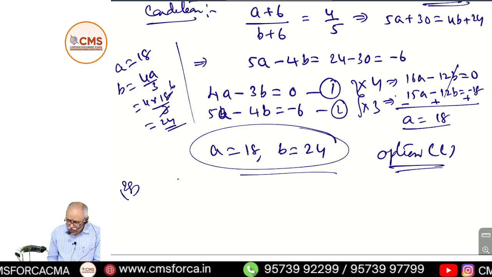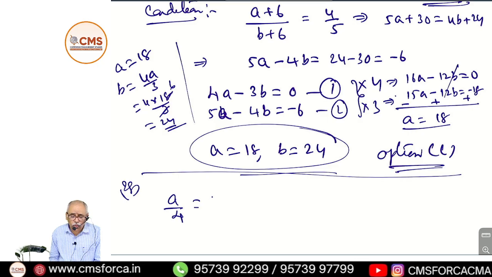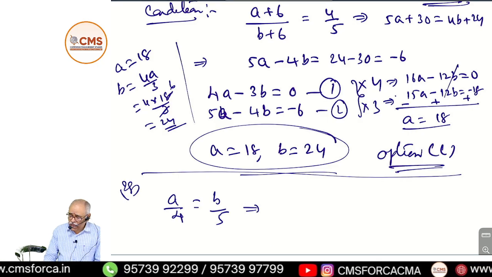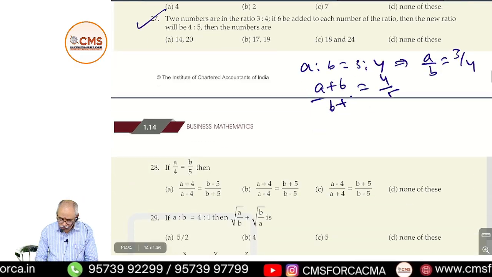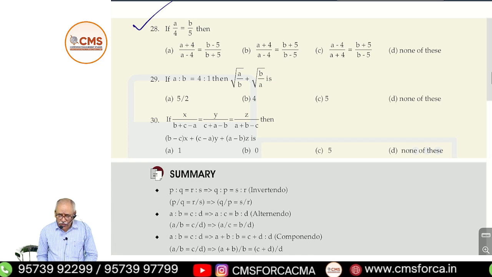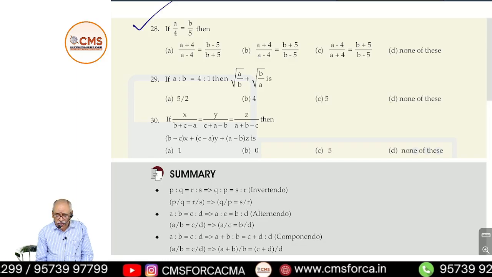The verification, this is a verification method only. A by 4 equal to B by 5. 4 options given. I will show the question here. A by 4 is equal to B by 5. Then, if you apply componendo dividendo, what you will get?